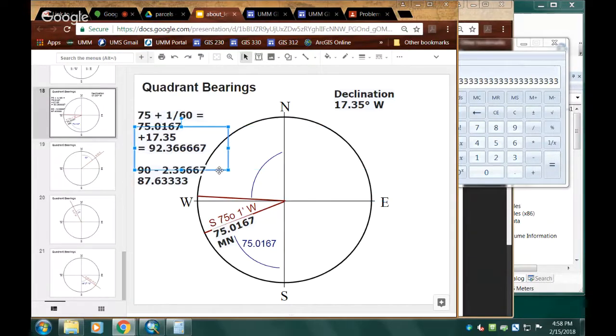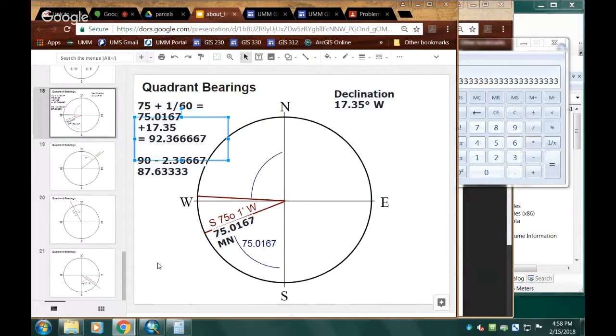You'll be relieved to know that you don't need to do this when you do the digitizing from a deed, fortunately. ArcMap has, and I will show you how to do this, probably won't get to it tonight because we're a little behind. ArcMap has a little thing where you can tell it what the declination is, and it will automatically put in the correction.